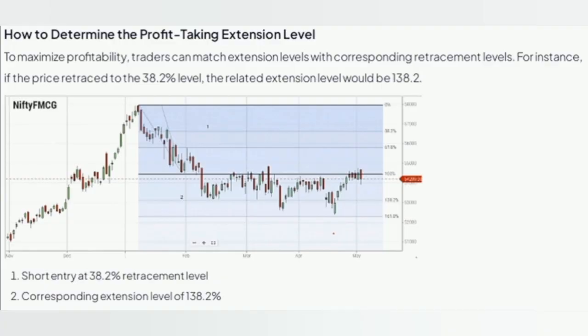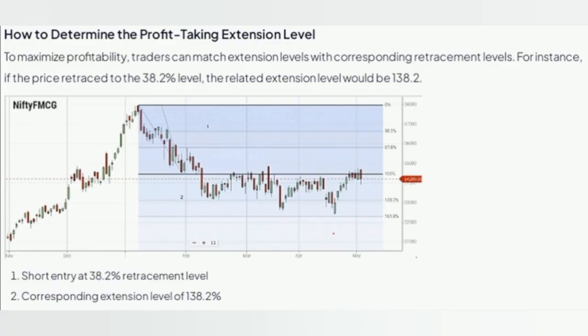How to determine the profit-taking extension level. To maximize profitability, traders can match extension levels with corresponding retracement levels. For instance, if the price retraced to the 38.2% level, the related extension level would be 138.2%. Extension levels. Short entry at 38.2% retracement level.